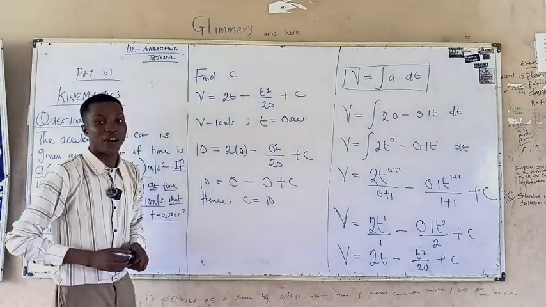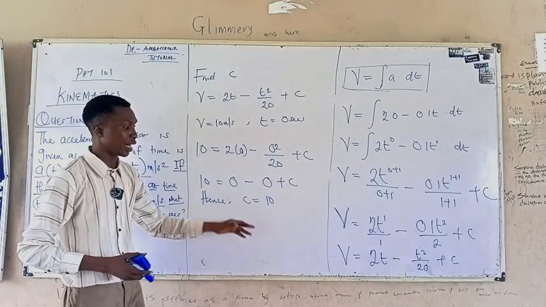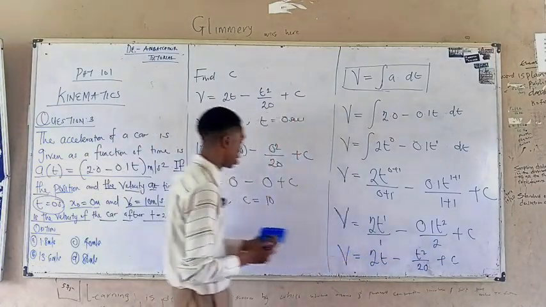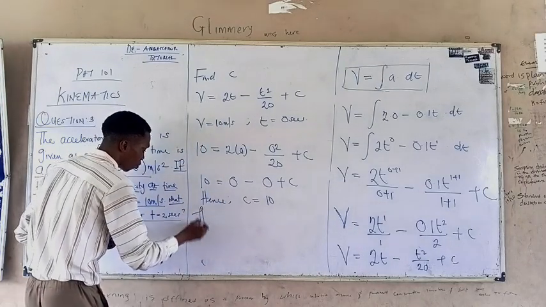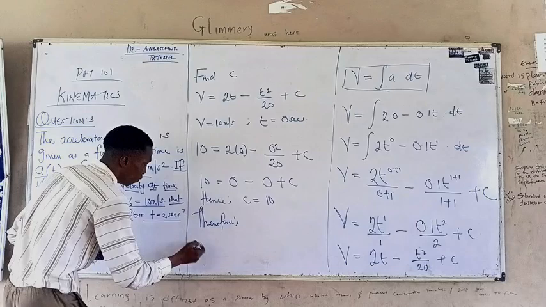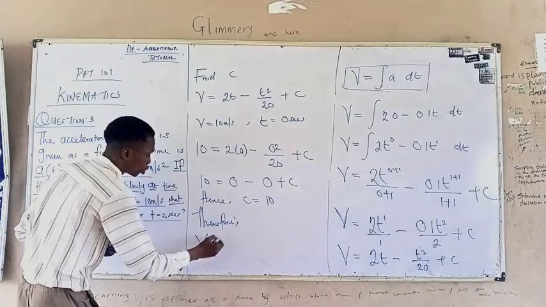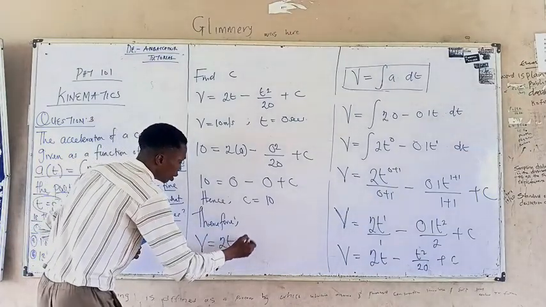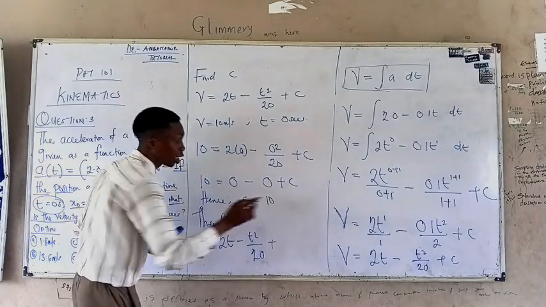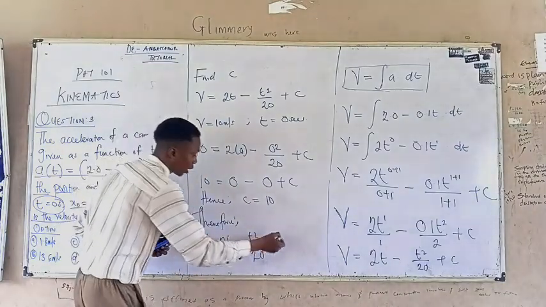Now that you know the value of my c to be equal to 10, I input it into my formula for velocity. Therefore, the formula for velocity will be written as 2t minus t squared over 20 plus, instead of writing c, I'm going to have 10.